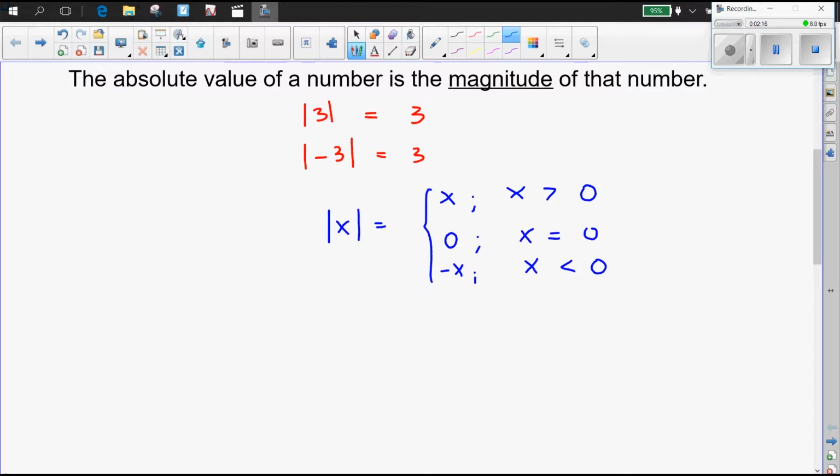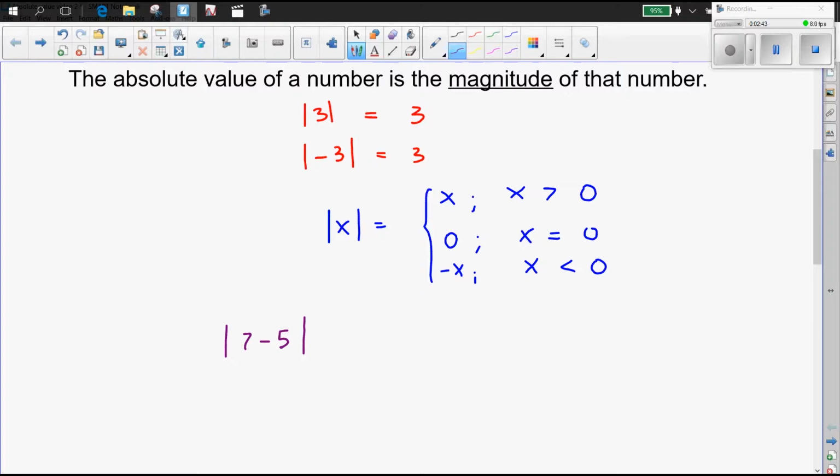I'm going to continue to illustrate the concept of an absolute value just using numerical examples. So if I ask you what is the absolute value of 7 subtract 5? So how far are these two numbers from each other? 7 minus 5 is 2 because 7 is 2 units from 5, or 5 is 2 units from 7.